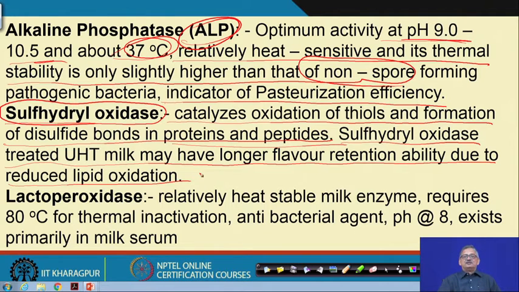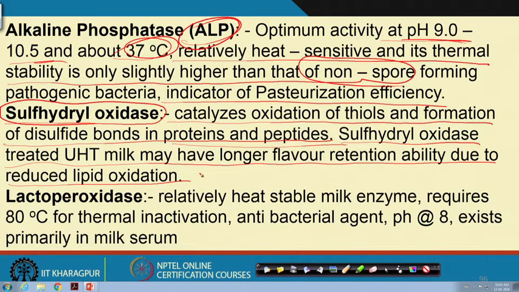Sulfhydryl oxidase treated UHT milk may have longer flavor retention ability due to reduced lipid oxidation, right. So, if you have sulfhydryl oxidase, it helps in developing flavor in UHT, the reason being the lipids which are degraded by oxidation, that is reduced.